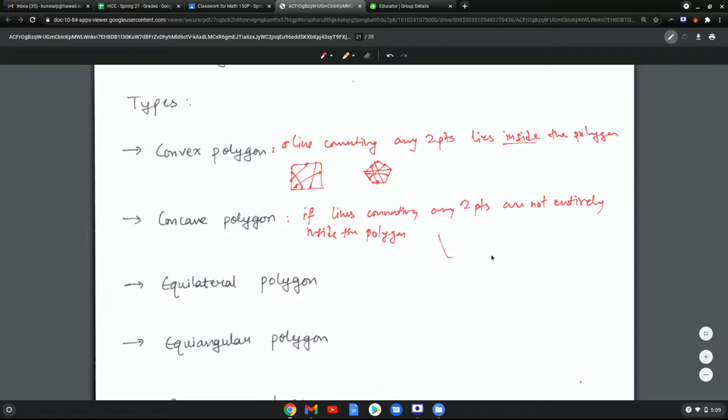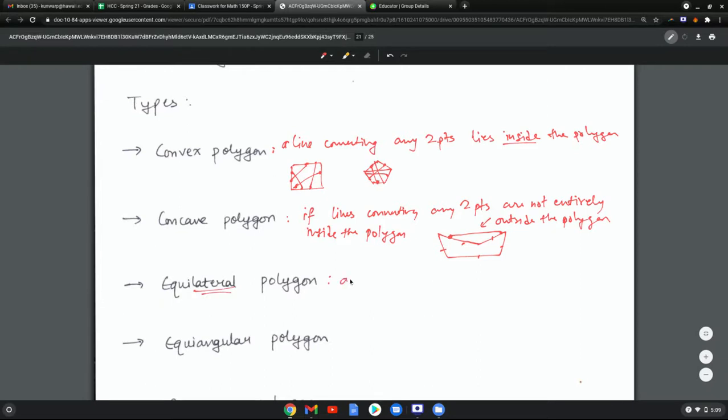So this can happen in what are called irregular shapes, something like this. By definition, this is a pentagon because there are 5 sides. But if I take these points, right, this is outside the polygon. So these are irregular. They're not very nice because they don't satisfy this very nice property.